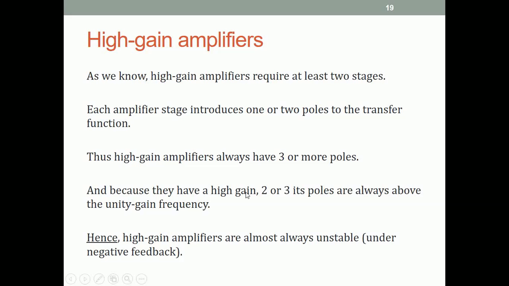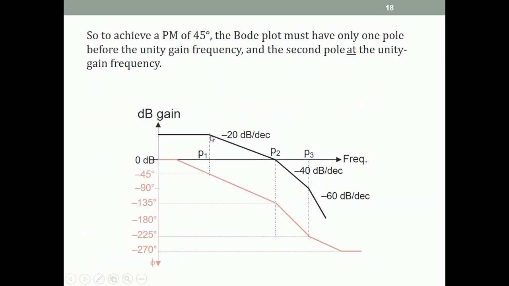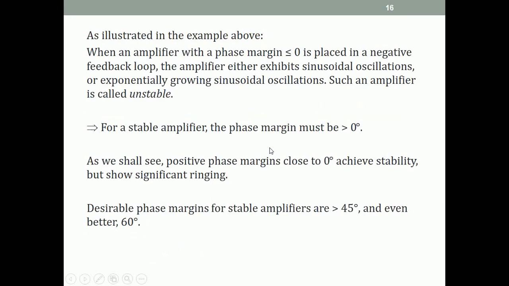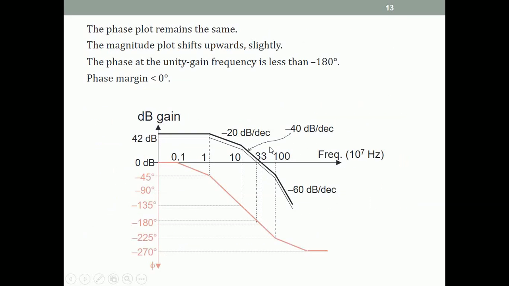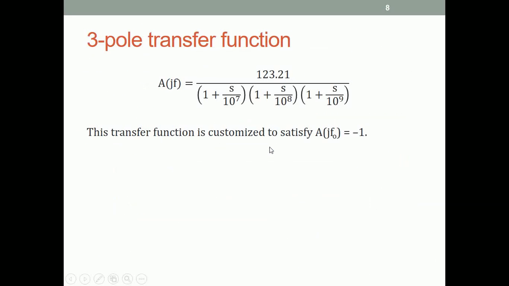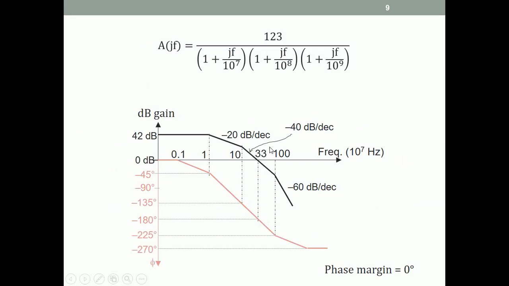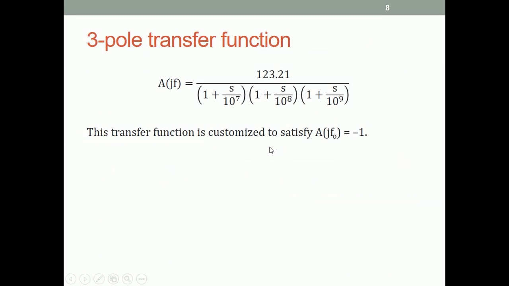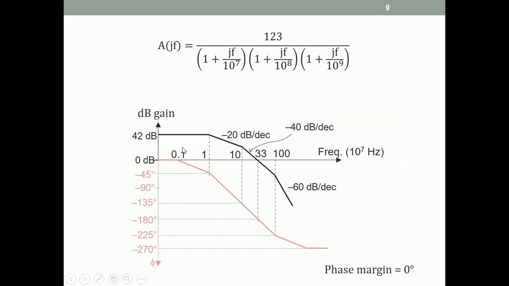What we want is only 1 pole above the unity gain frequency and another pole at the unity gain frequency. High gain amplifiers, so maybe I'll go back to this one, will have at least 2 poles above the unity gain frequency.